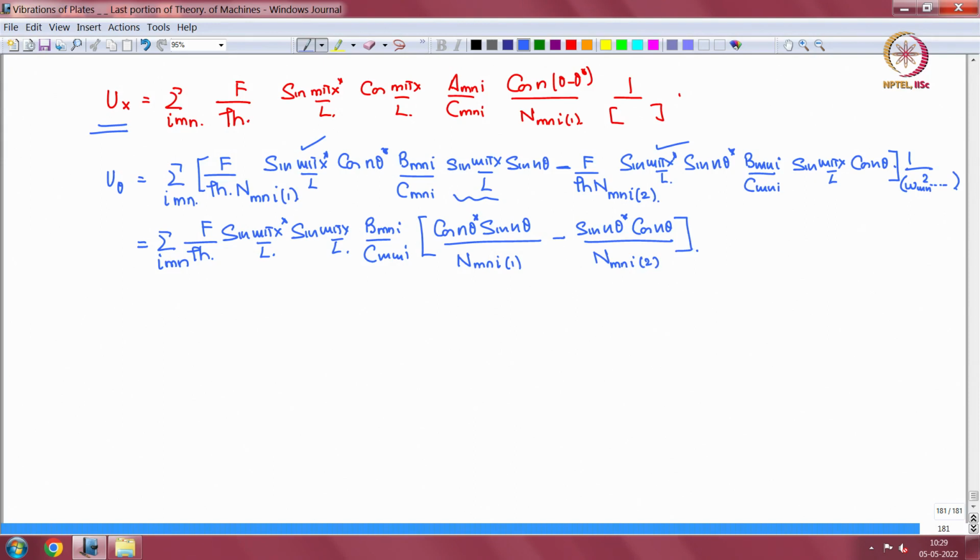Okay. Again here, when n equal to 0, both these terms are 0. Then from n equal to 1 onwards, n m n I 1 and n m n I 2 are equal. So we can say sigma I m n, f by rho h. I'm sorry, I forgot the frequency term here.